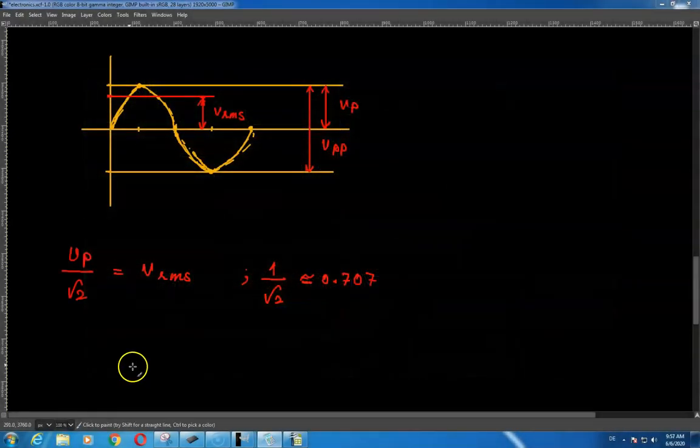So if you want to create that sort of signal, let's calculate this again. If you want to create a 15 kilohertz signal on a digital oscilloscope, it's easy, right?